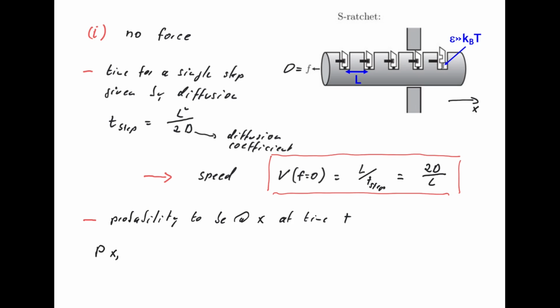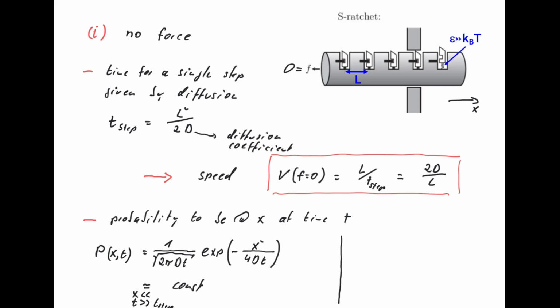Now this probability is just given by the diffusion law, and reads P of x and t is equal to e to the minus x squared divided by 4Dt times some prefactor which takes care of the scaling of the probability. Now, for not too large x and for long timescales, so certainly timescales longer than the step time, this Gaussian curve is very flat. So the probability distribution will be just constant.